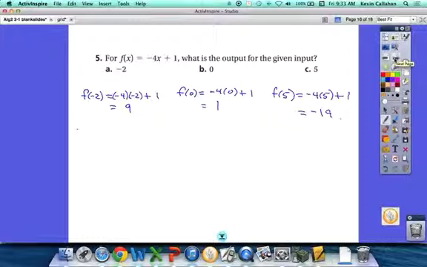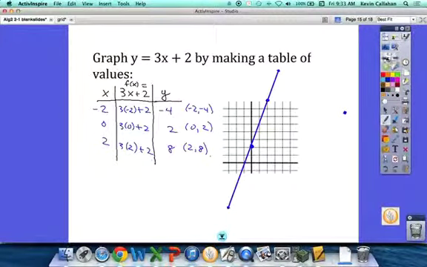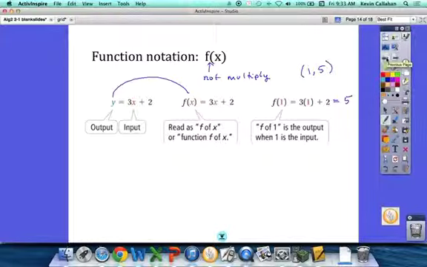And I think there's one thing that I didn't say that I'm just going to add to this slide right here. X is the independent variable.